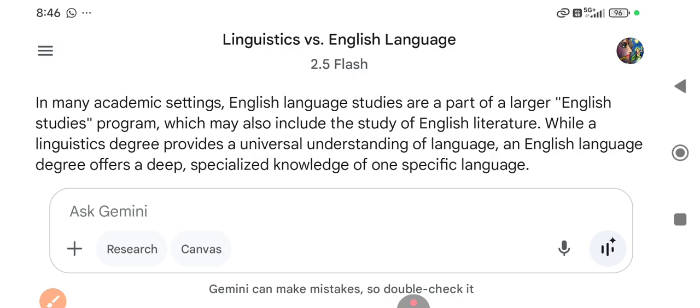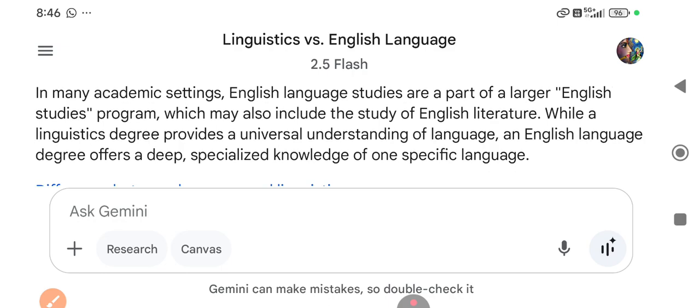Quotations are brought from literature only. That is why they say the English studies program may also include the study of literature, while a linguistics degree provides a universal understanding of language. Once you understand how language is spoken, that is a universal approach, not limited to us.